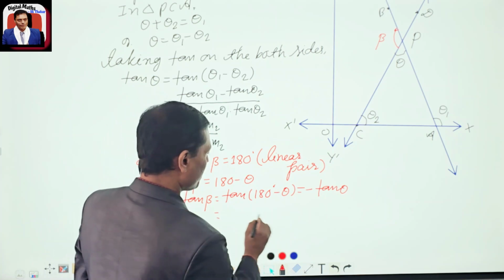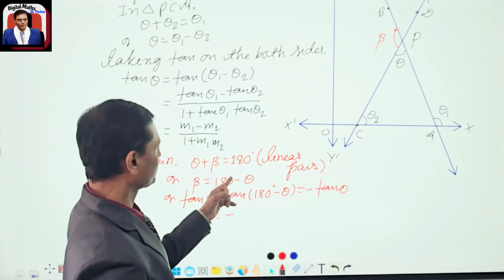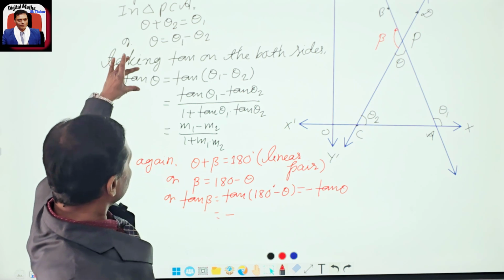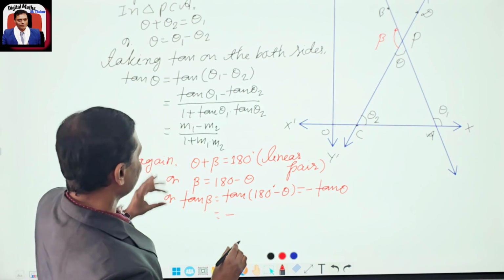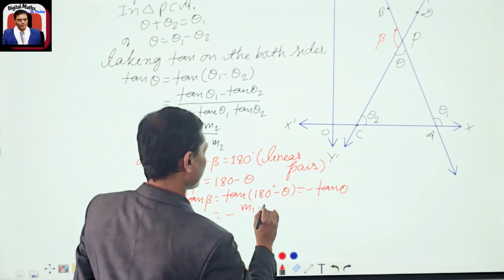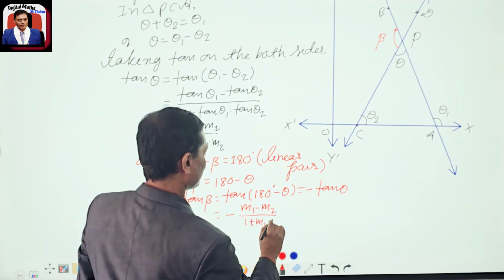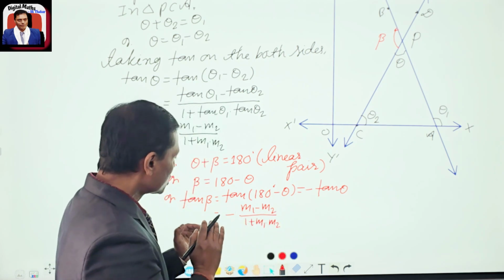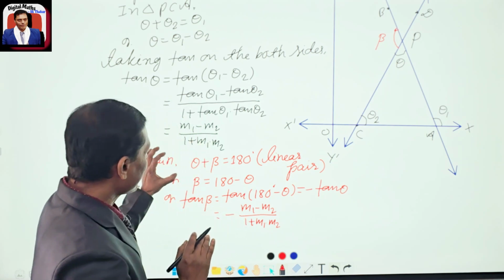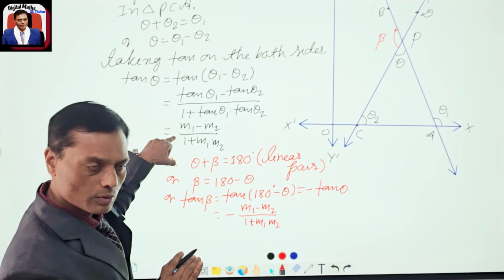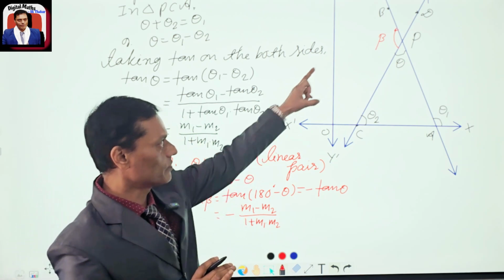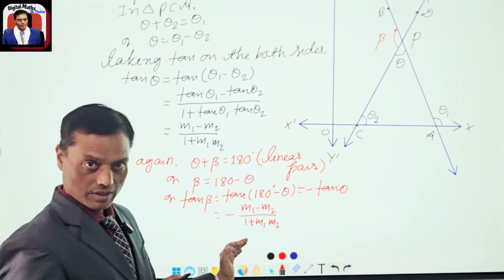Now here there is a minus tan theta, and we already have the value of tan theta. So we can write minus m1 minus m2 over 1 plus m1 dot m2. So if the angle is acute, we have a positive value, and if the angle is obtuse, that is beta, tan beta has a negative value.